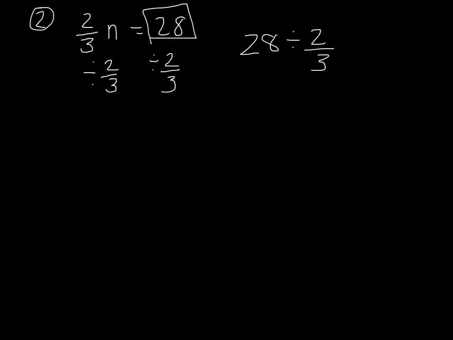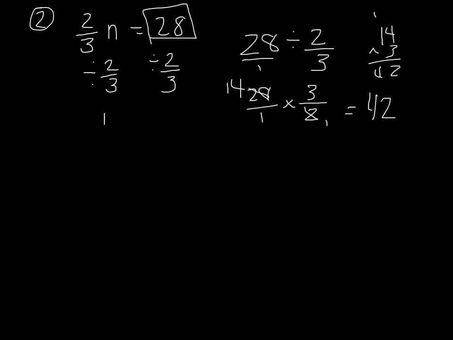Okay, so put 28 over 1 times 3/2. I could divide that by 2 and get 14. Divide that by 2 and get 1. 14 times 3, I'm not sure what that is off the top of my head, so I better multiply it out. Looks like 42. So my answer is n equals 42.